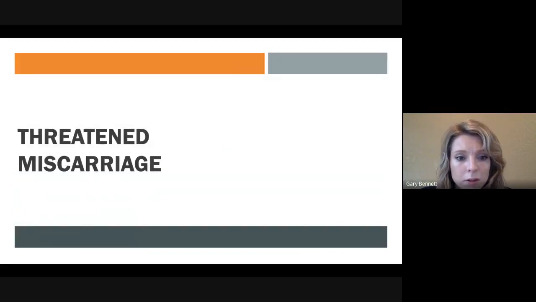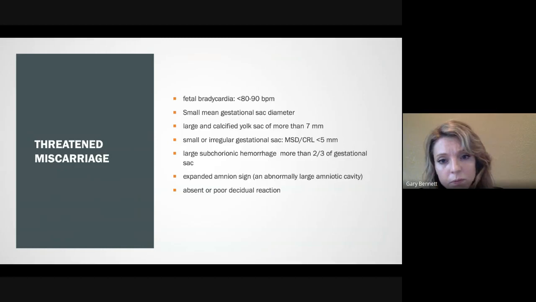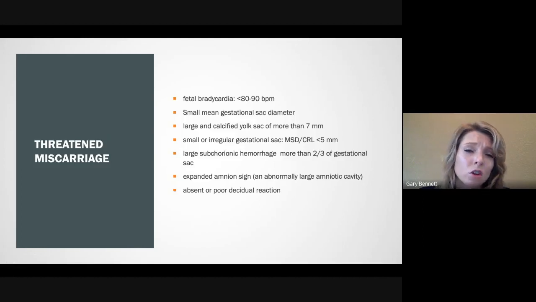So threatened miscarriage. If baby's heart rate is bradycardic at 80 to 90 beats per minute, so I guess 90 to 100 is just like a concerning level. But if we're getting down in the 80s or below, that's definitely a concern that the pregnancy is not going to carry out.